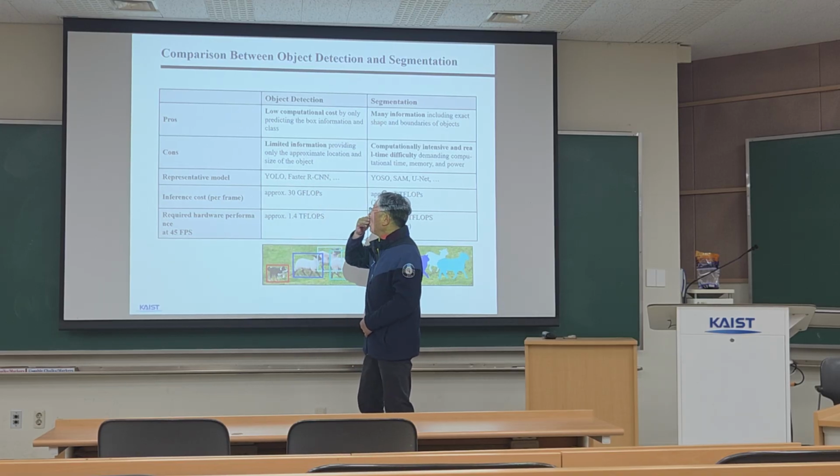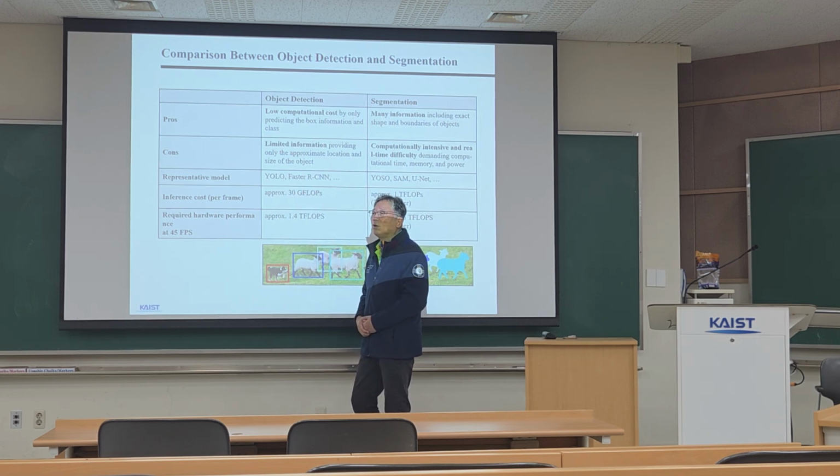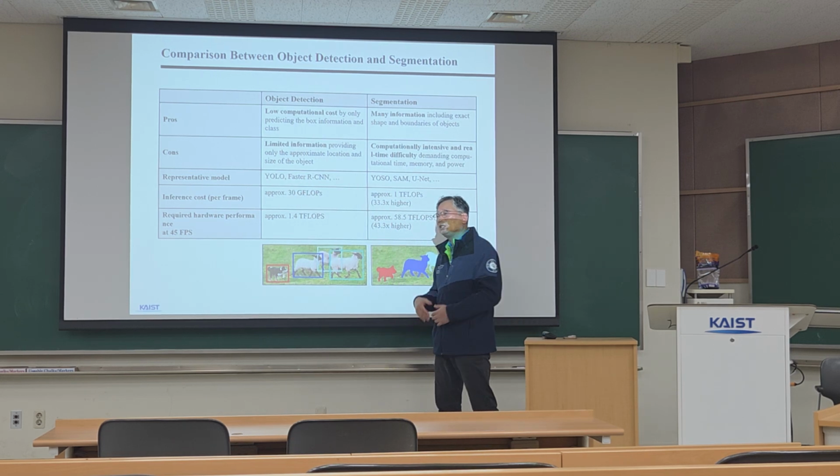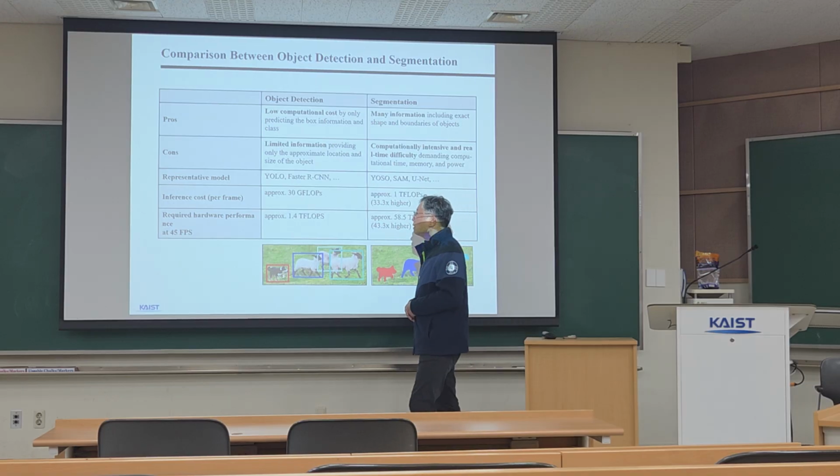But there are detectors that are much better in terms of performance than YOLO. Okay, YOLO is computationally cheap and it's fairly accurate, but there are algorithms that are much more accurate.